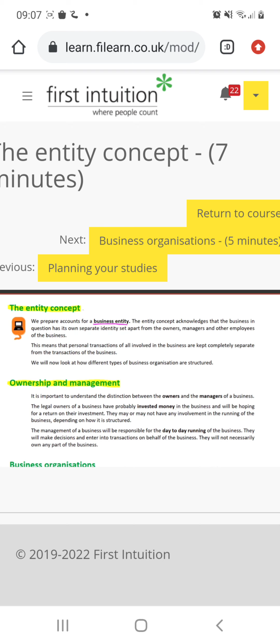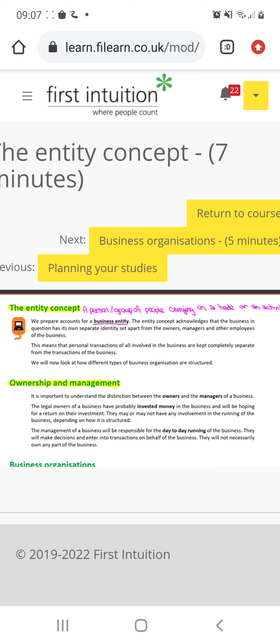A business entity is a person or group of people carrying on a trade or an activity. So it could be the sole trader or a partnership or a company or a not-for-profit organisation.